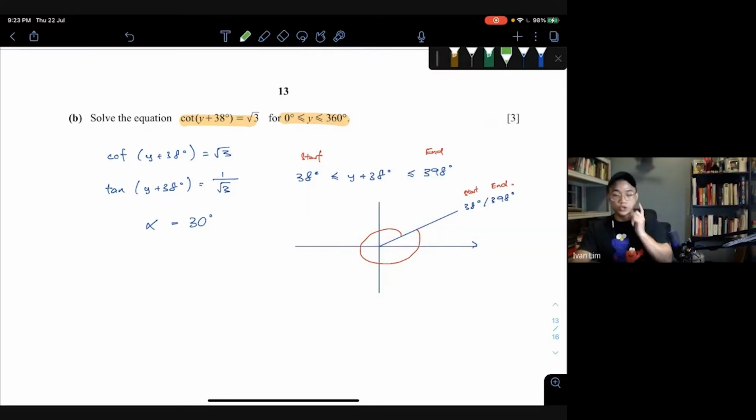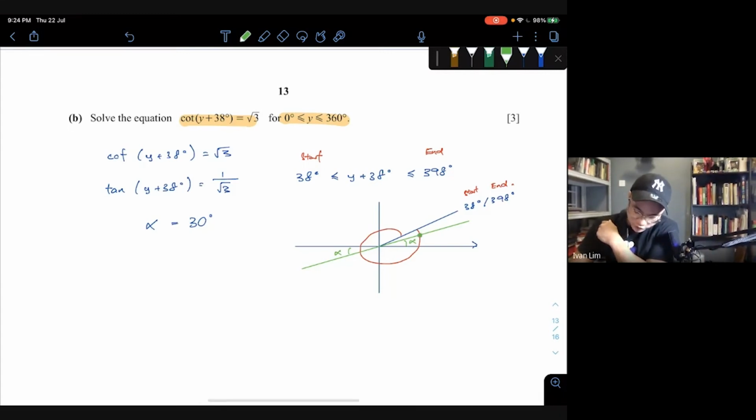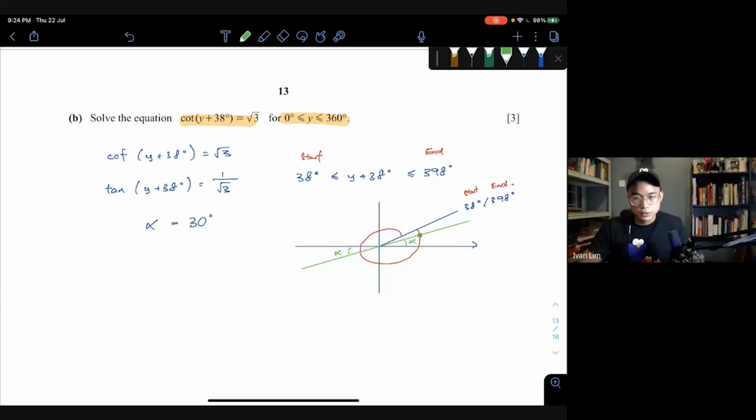ASTC, so it's first quadrant and third quadrant, it will be over here and over here. Okay, where my alpha is here and my alpha is here. But if you look carefully, this point here, especially the first quadrant, what is the angle actually?